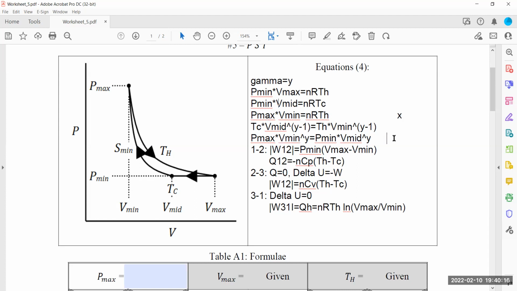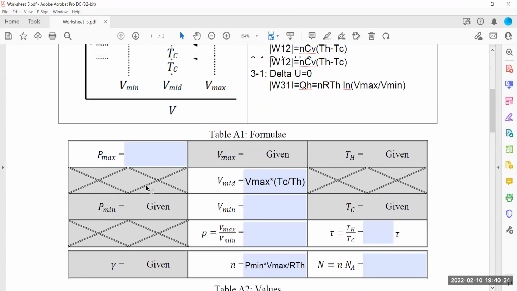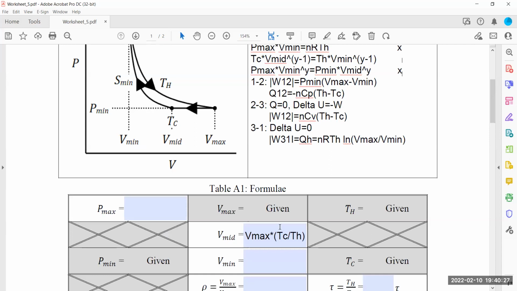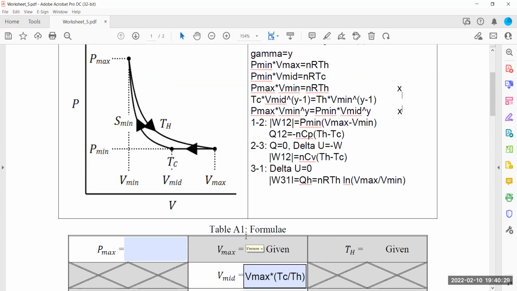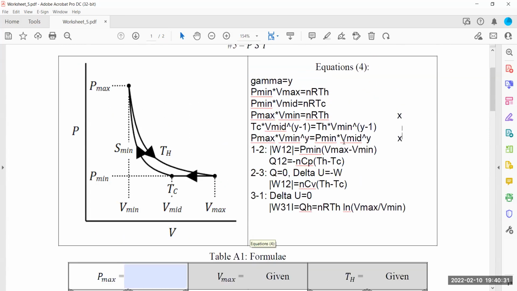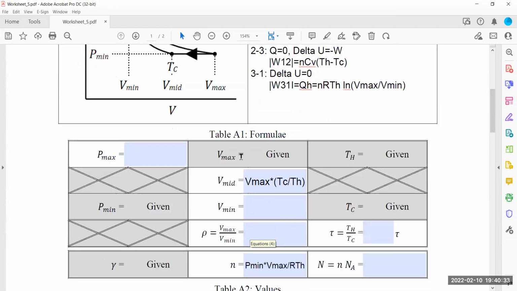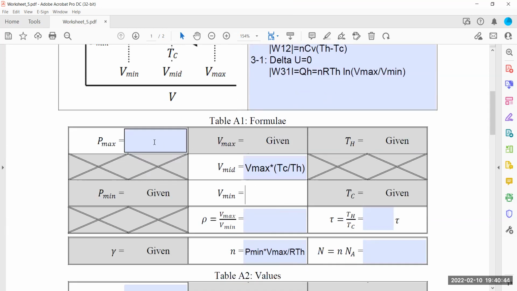And we have this equation in here that involves P max and V min also. P min is given, here it is. And V mid, we just found it. So we have two equations with two unknowns. We need to solve them to find what P max and V min are. Does everybody understand the algebra now? That these two can be found from these two equations? Yes. Okay.